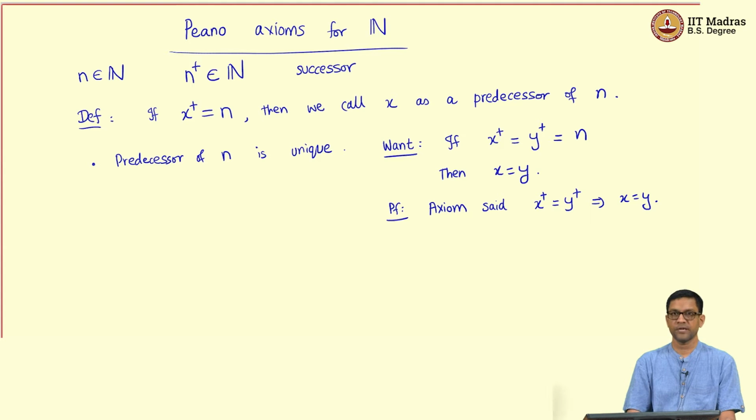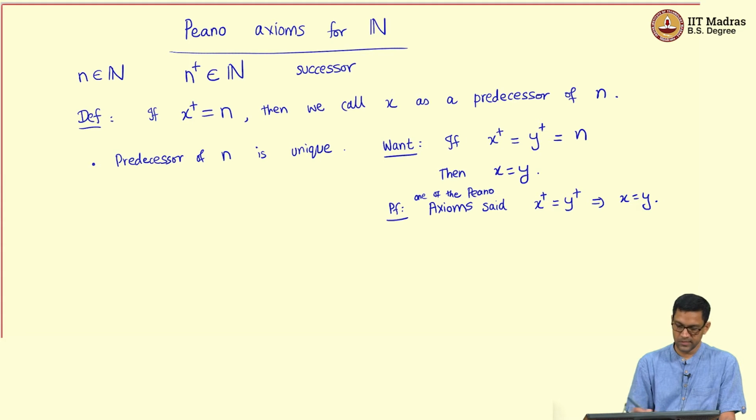This was one of the properties of the successor function. So, that is our proof: if the successors of x and y are both equal to n, then x must equal y. This just comes from one of the Peano axioms directly.